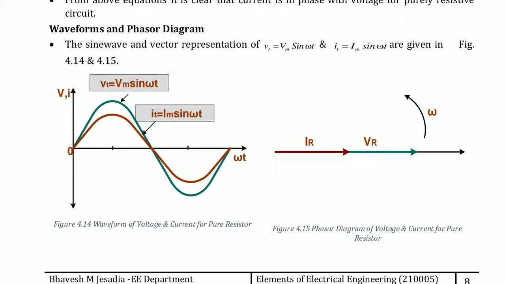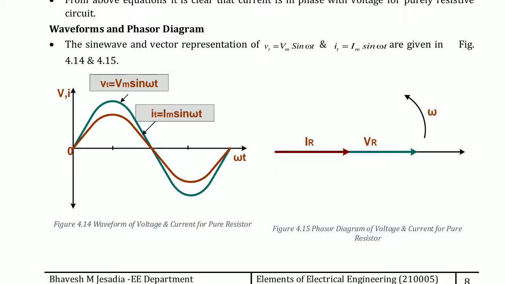So the voltage starts at 0 degrees and goes on increasing to the maximum value. After that, it goes on decreasing towards zero at 180 degrees, then goes negative up to 270 degrees, and from 270 to 360 degrees it returns to zero. The voltage is drawn in green color and the current in red color.